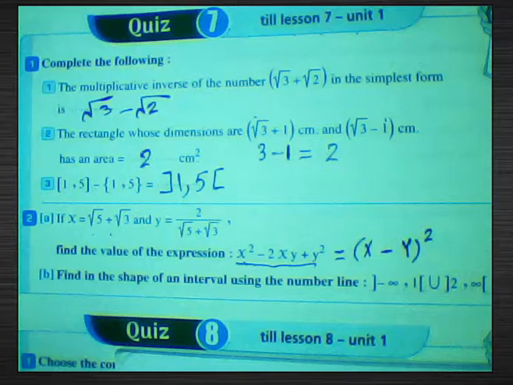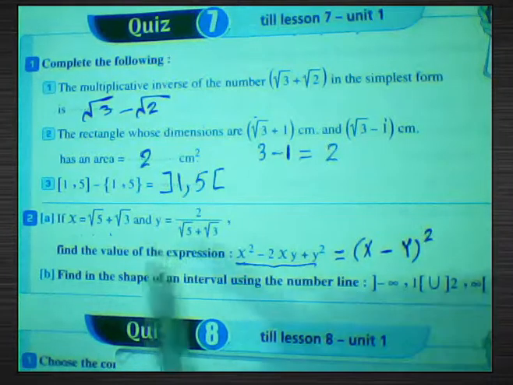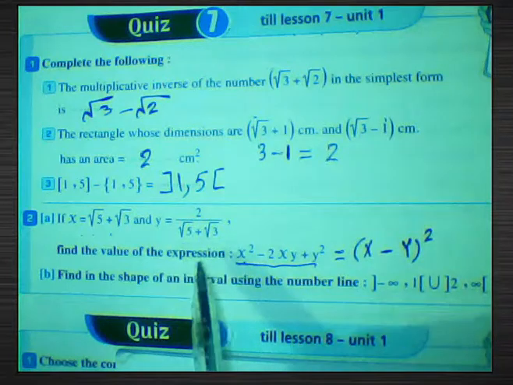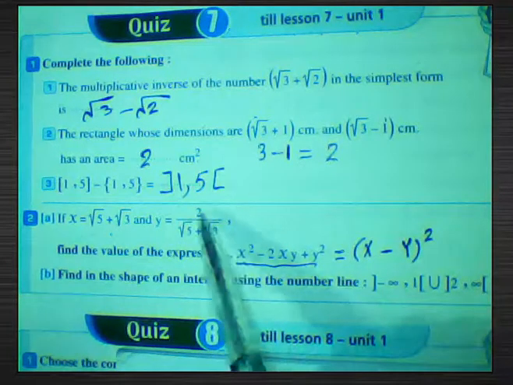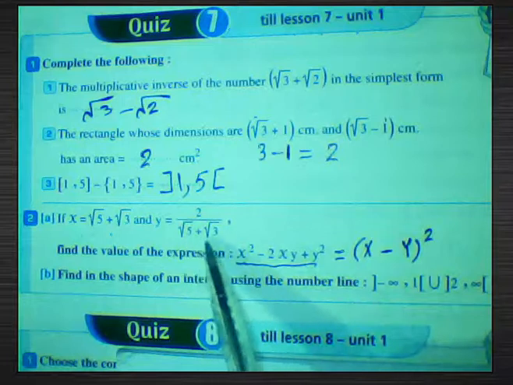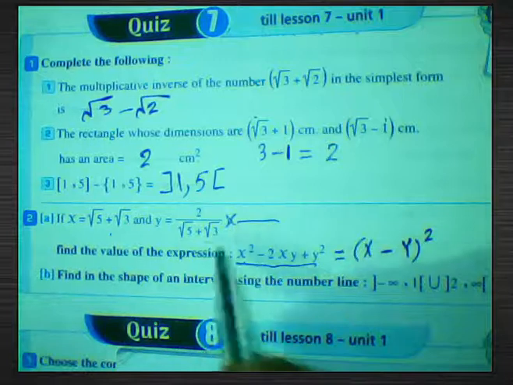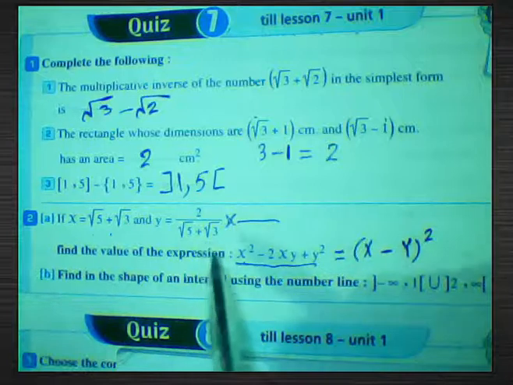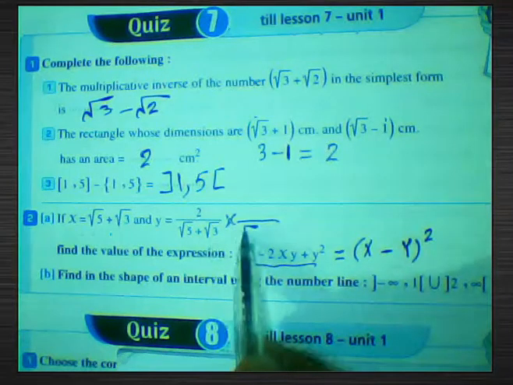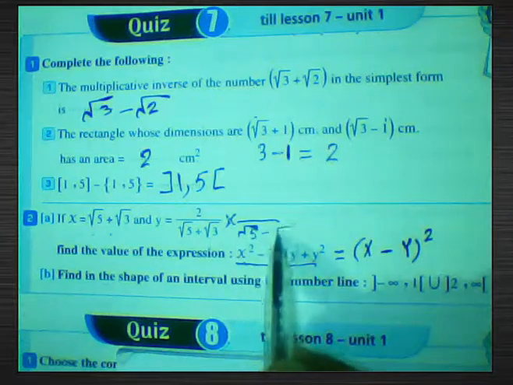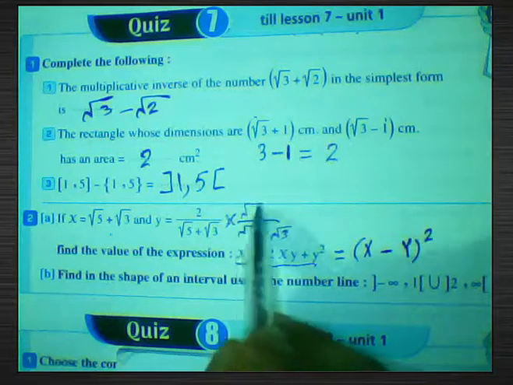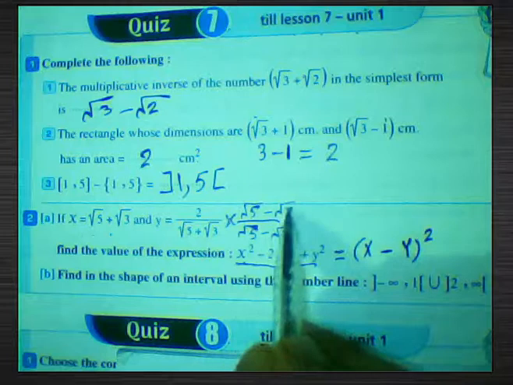So first we find y in the simplest form. We have y equals 2 over square root of 5 plus square root of 3, so we simplify y by multiplying by the conjugate of the denominator, square root of 5 subtract square root of 3.